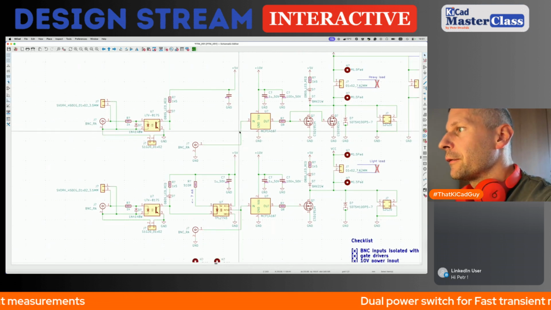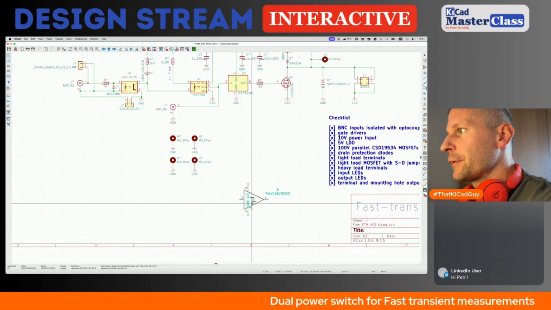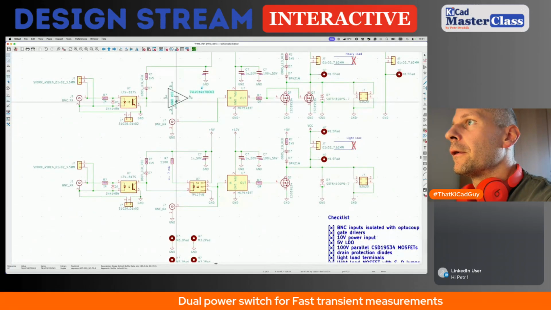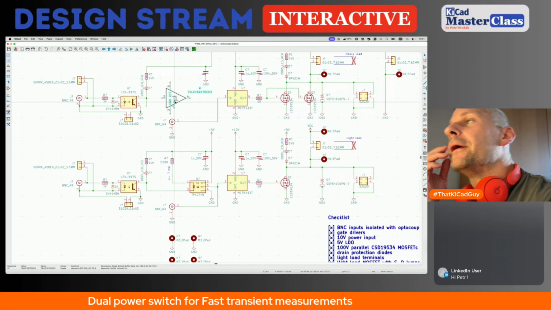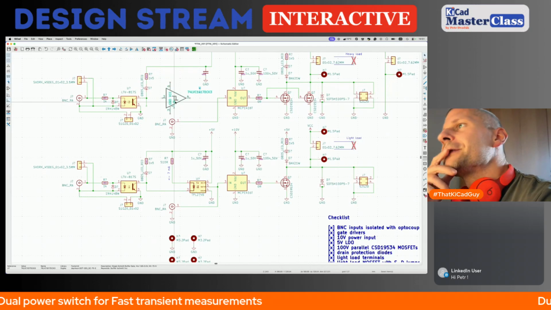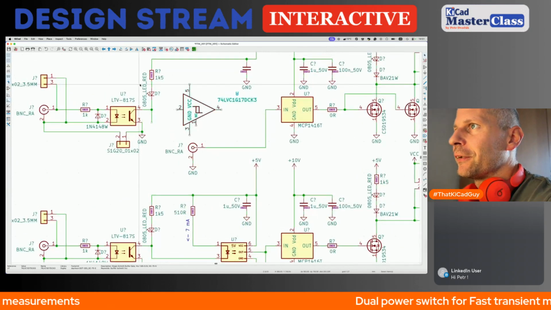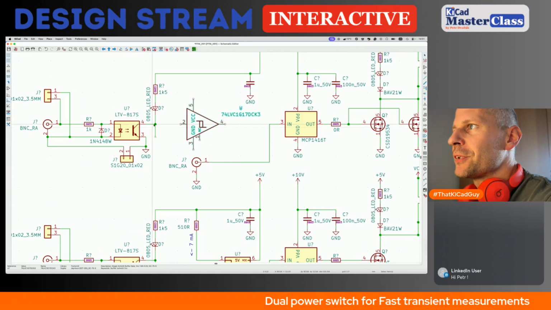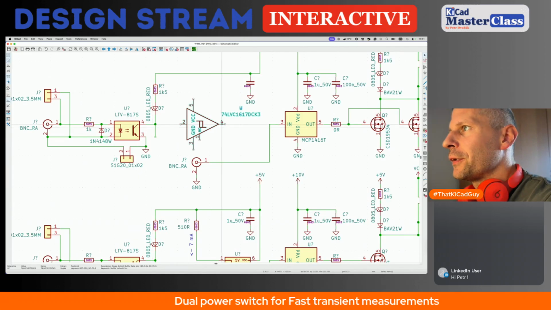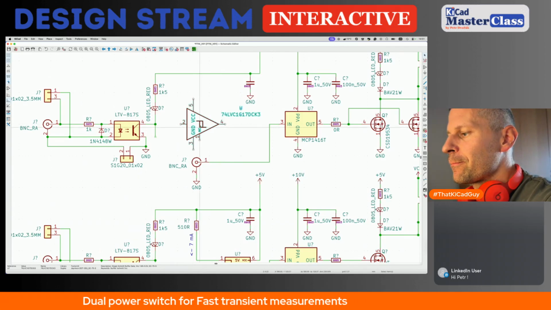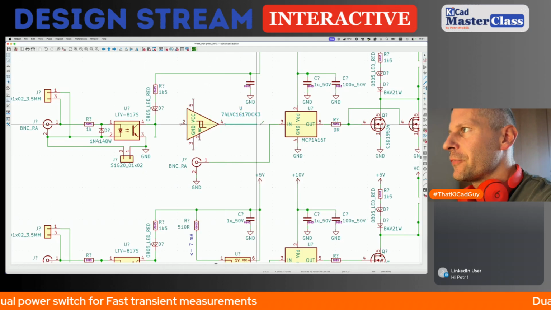So I'm making a space for this. Yes, but back to the signal logic. Here is the negation, and when there is only a buffer, this will be negated.